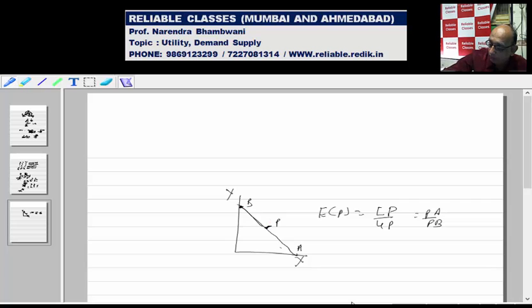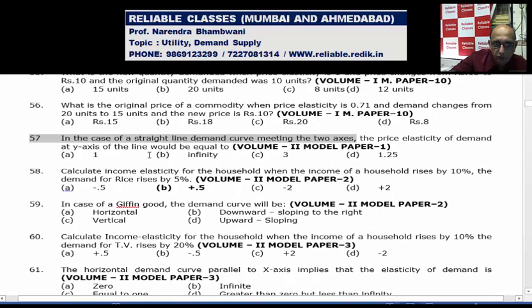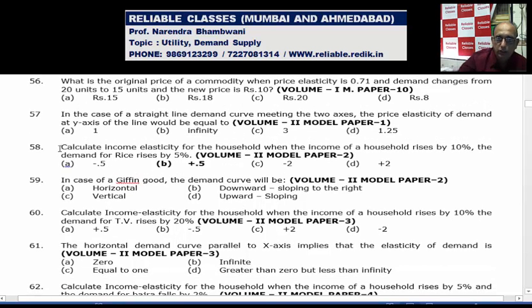Now, if we are on the y-axis, then the lower part is full and the upper part is 0. So upon 0 the answer will be infinity. Is the infinity option available? Yes. On y-axis it will be infinity, on x-axis it will be 0.